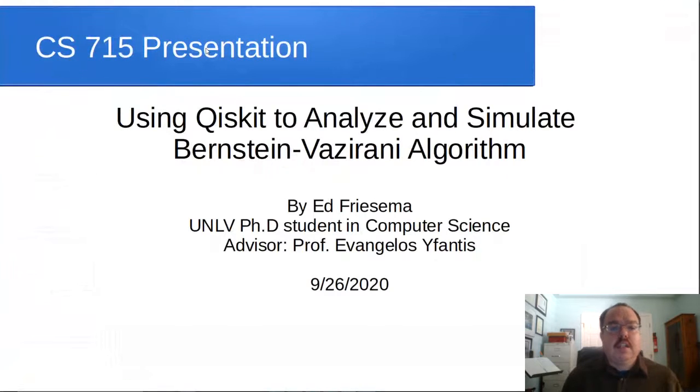Okay, my presentation is on using Qiskit to analyze and simulate the Bernstein-Vazirani algorithm. Qiskit is a Python framework, more like a library of tools that IBM has used to become the interface language for their quantum computers that they're putting online and developing.